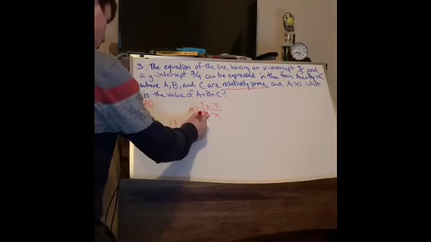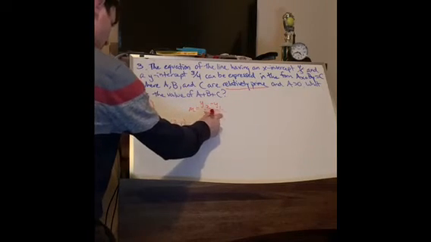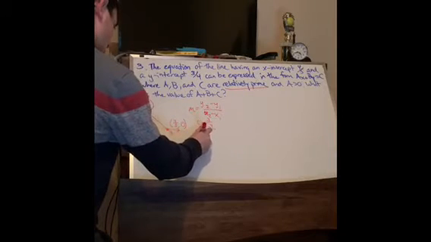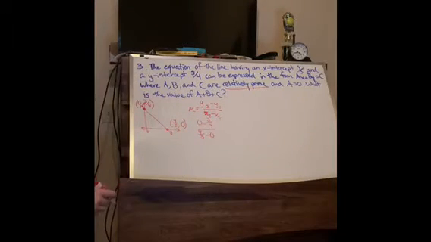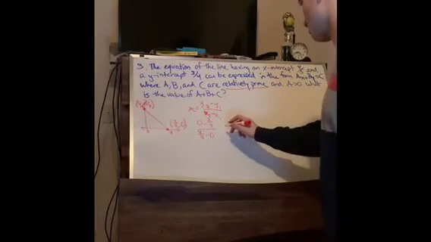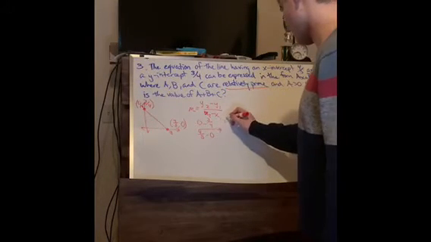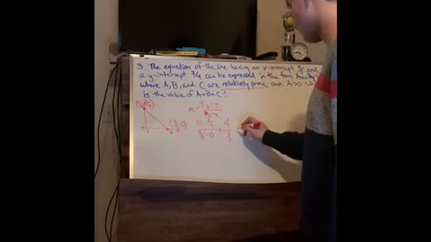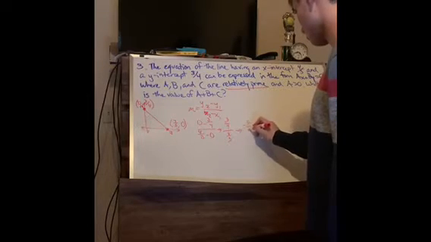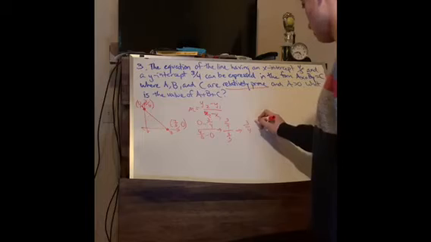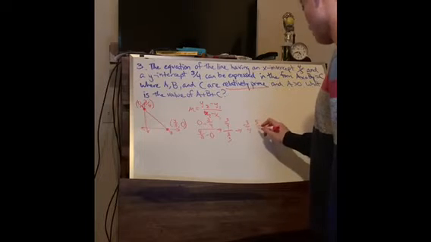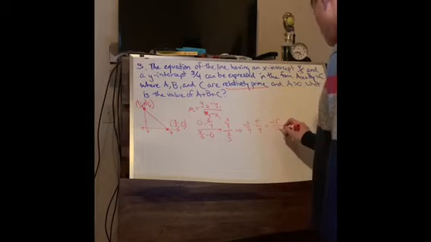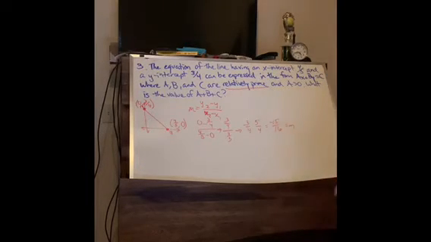So y2 is 0, y1 is 3/4, x2 is 4/5, x1 is 0. This is really negative 3/4 divided by 4/5. We can keep, change, flip. This is going to be times 5 over 4. Negative 15 over 16 is our slope.